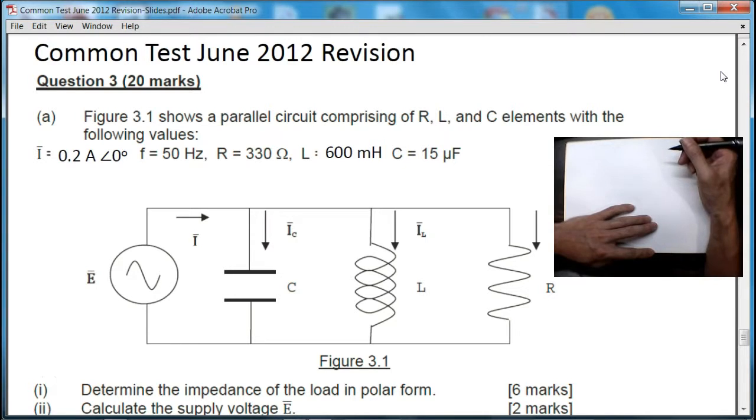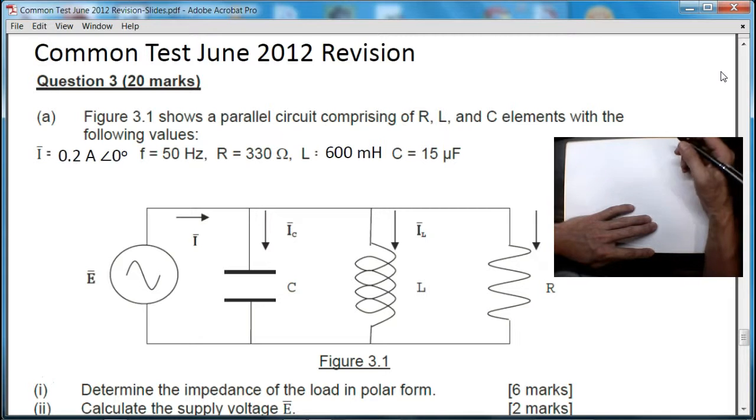A. Figure 3.1 shows a parallel circuit comprising of R resistor, L inductors, and C capacitor elements with the following values.